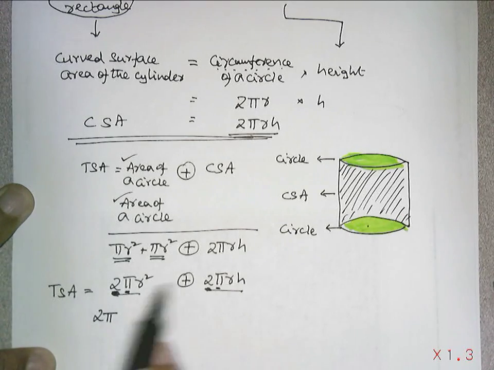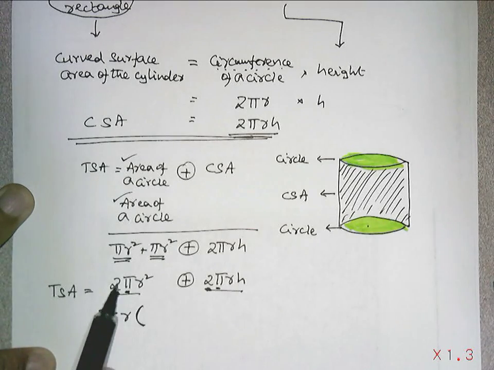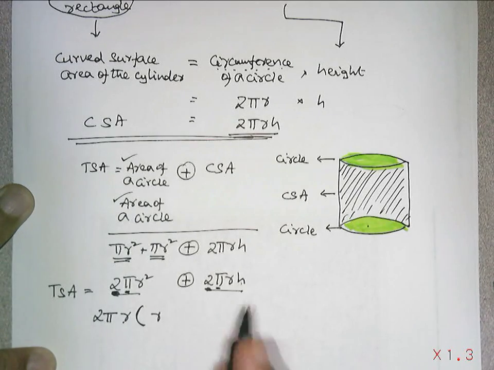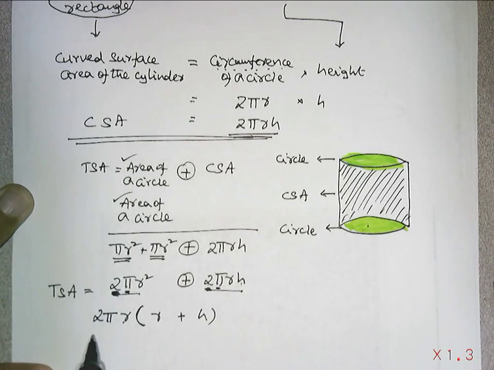R square and R, I can pull R common. So 2, pi and r are taken as common, and h is left. So TSA is equal to 2 pi r times (r plus h).